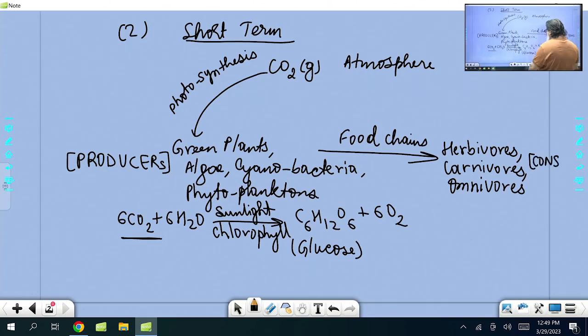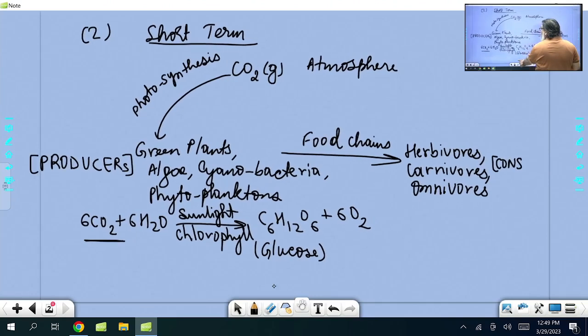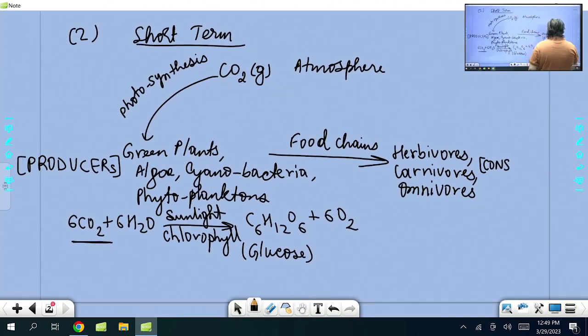It goes to the consumer. So carbon gets fixed; this is carbon fixation. It becomes part of animal organic matter, carbohydrate, converted into all such biological materials in animals.